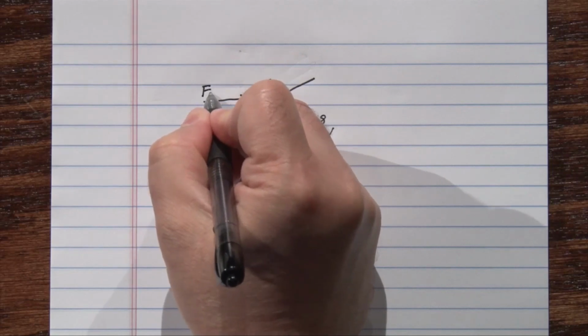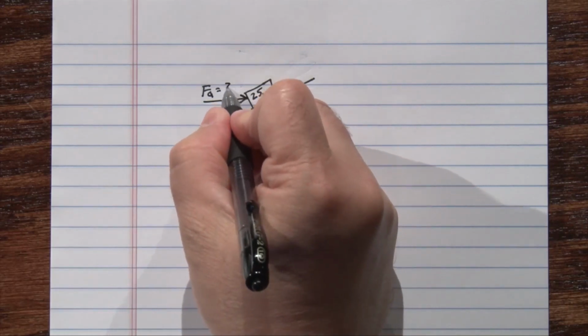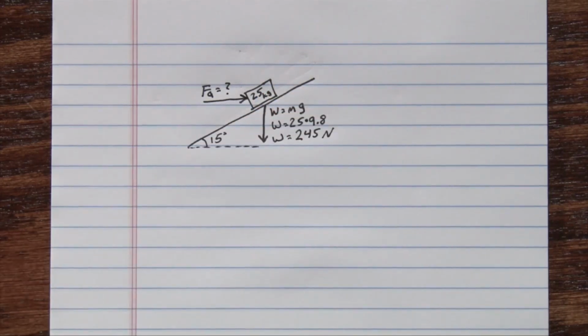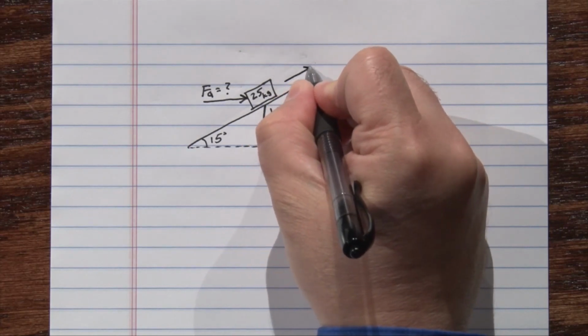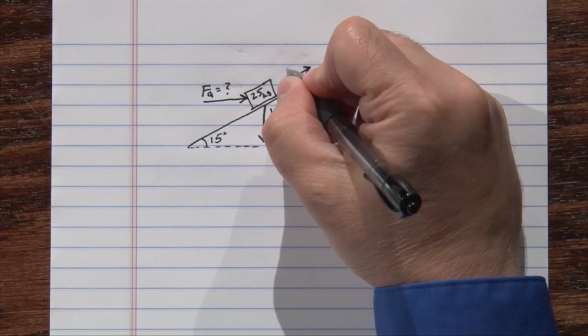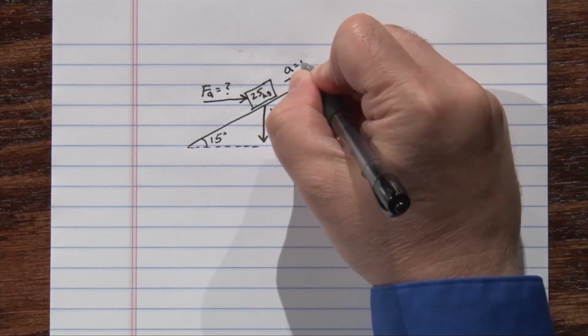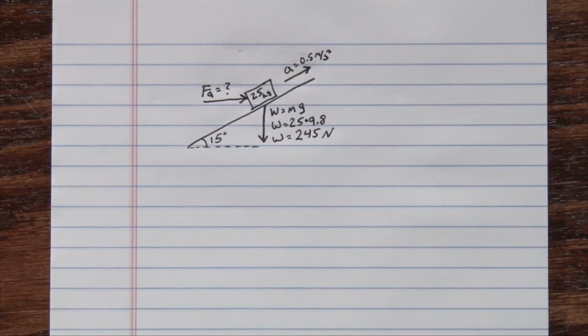So force applied, and we're asked what is the magnitude of that applied force. That is our unknown that we're looking for. And this horizontal force gives the box an acceleration up the incline with a magnitude of 0.5 meters per second squared.